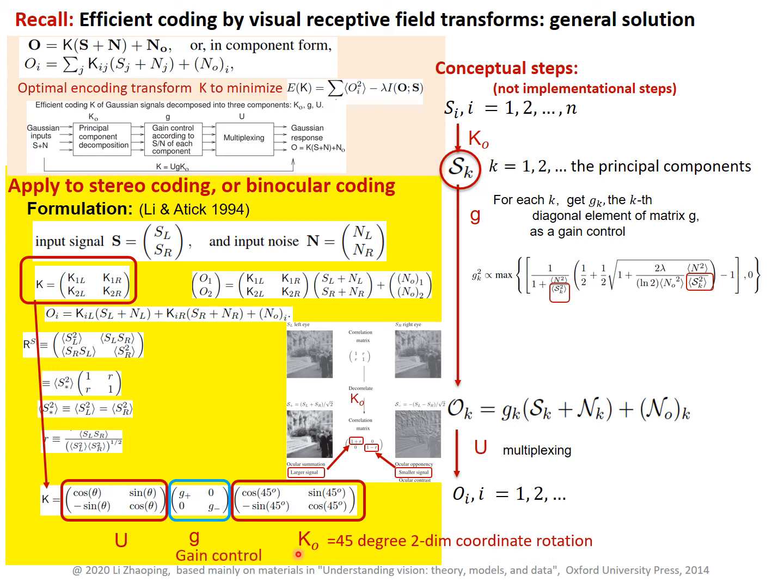G is the gain control for each of the decorrelated channels, with the gain described by this formula. And the multiplexing U is another rotation in the two-dimensional signal space to finalize our encoding transform, which is a 2x2 matrix. This gives a quick gist of what binocular efficient coding is. Next, we will dissect each of these steps in detail.